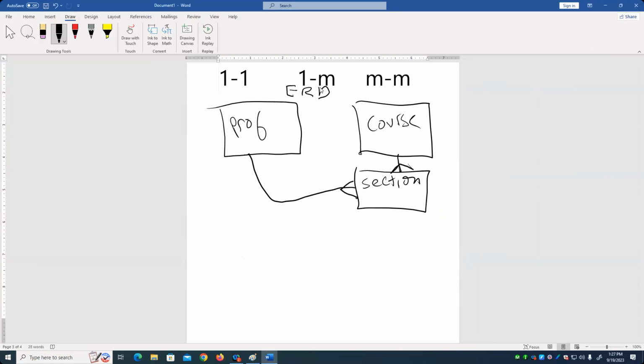Now, what if we add students to the mix? You might be tempted to say that there's a many-to-many relationship between students and sections.